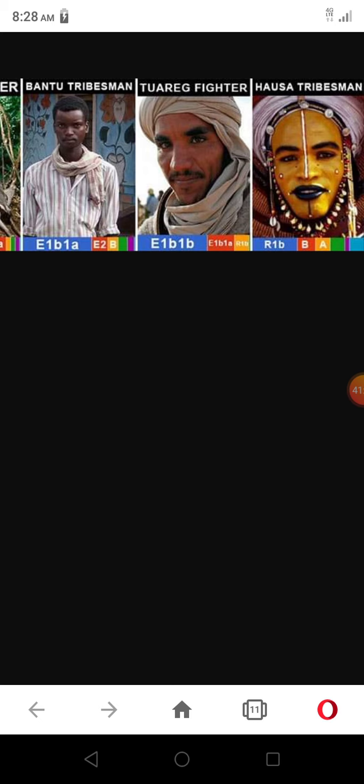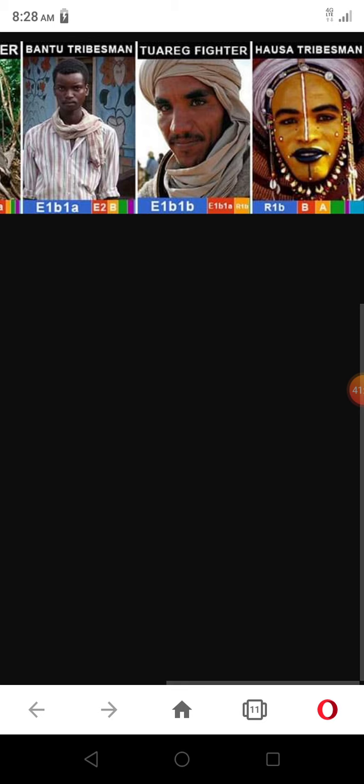And so you have this Hausa group. The Hausa group is also the shared portion grouping of the Fulani people. So most likely this picture is a representation of an Ishmaelite.